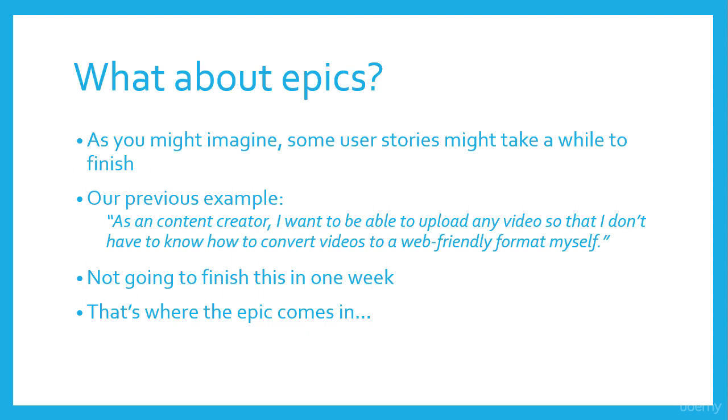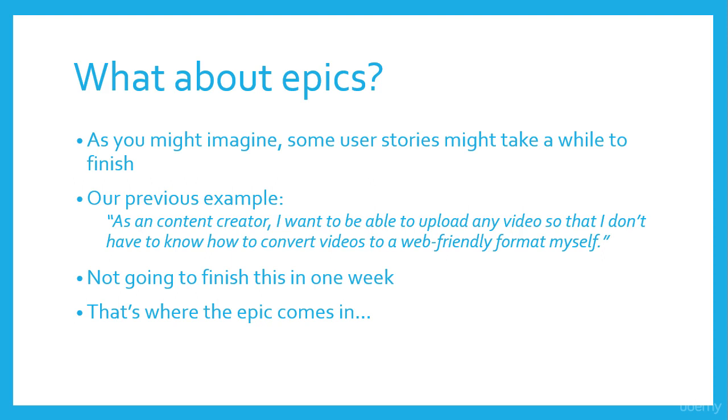Well, as you might imagine, some user stories might take a little while to finish. So if you remember from our previous video, we were talking about sprints. Let's say we're working in a sprint and our sprint is 1 week. So let's say our previous example, as a content creator, I want to be able to upload any video so that I don't have to know how to convert the videos to a web-friendly format myself.